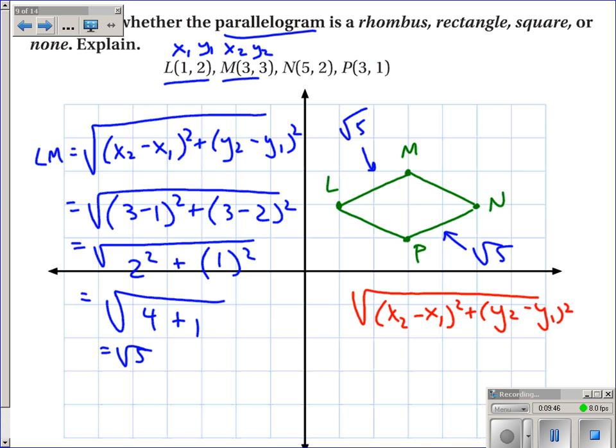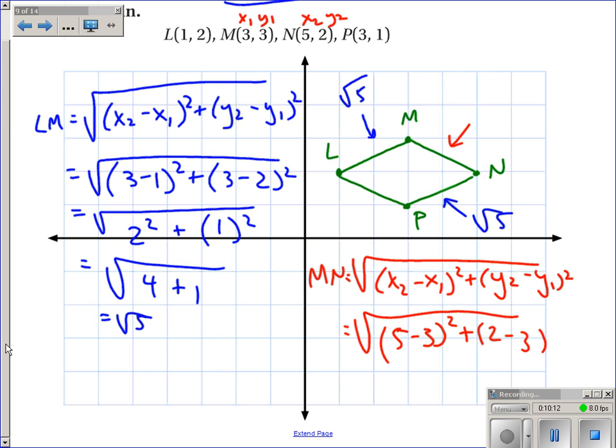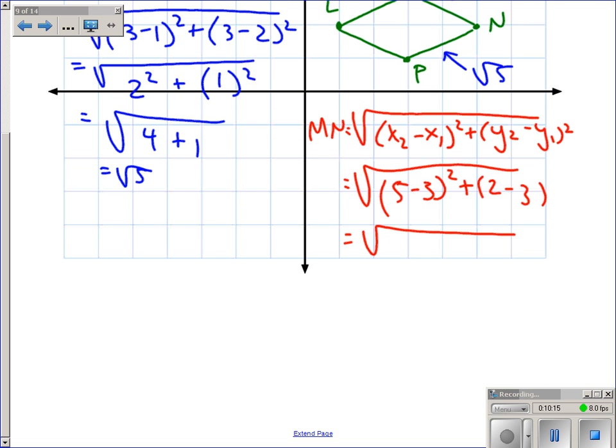Now, I will find the length of MN. X1, Y1, X2, Y2. Oops, squared.